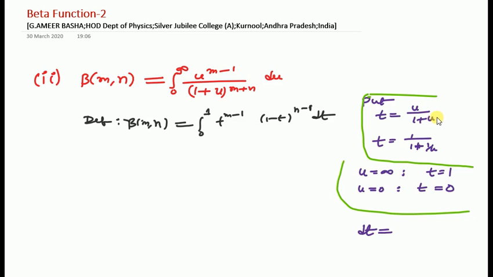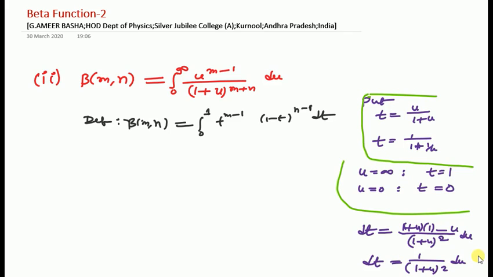We have to use the division formula: the denominator is (1 plus u) whole square, and the numerator is (1 plus u) into 1 minus u into the derivative of 1 plus u, which is 1. So u will cancel, and what is left is dt is equal to 1 by (1 plus u) whole square, of course don't forget to write du. Okay, I got what to write for dt and what to write for the limits.